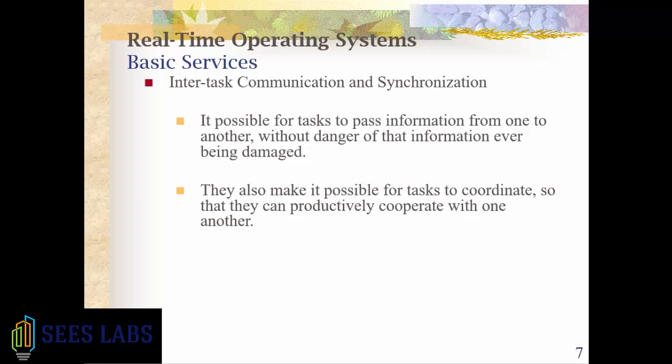It is possible that task A wants to send some data to task B, or task A wants to use the data of task B, but task B is not aware of this or maybe not working. So it is the responsibility of the operating system to synchronize both tasks so that when the data of task B is needed, it can be provided to task A. In this way, the real-time operating system makes it possible for tasks to coordinate and cooperate with each other.